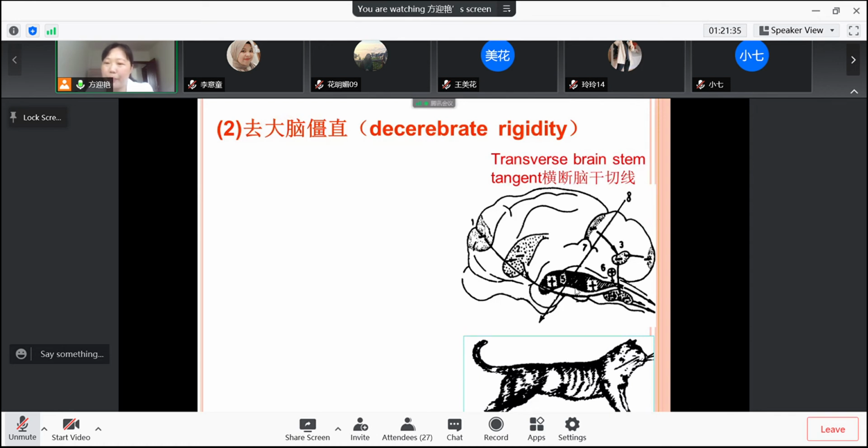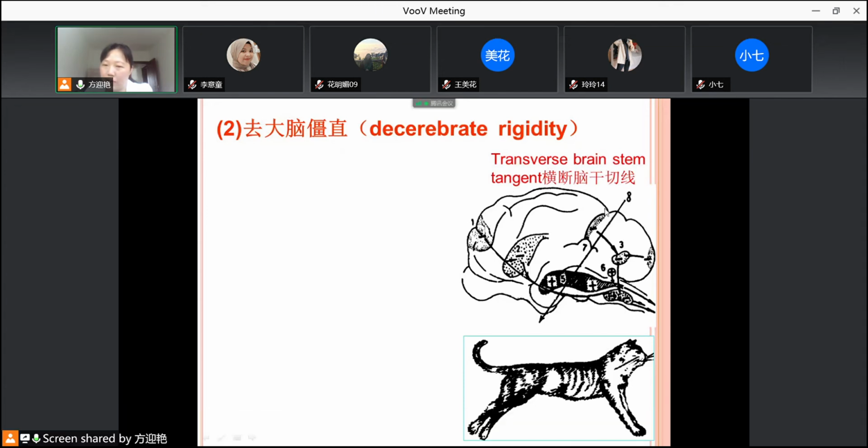Then we study the functions of the different levels of the central nervous system. We found the facilitation and inhibitory areas at these levels. If we cut the transverse brainstem segment here, the animal shows a posture like this, which we call decerebrate rigidity.